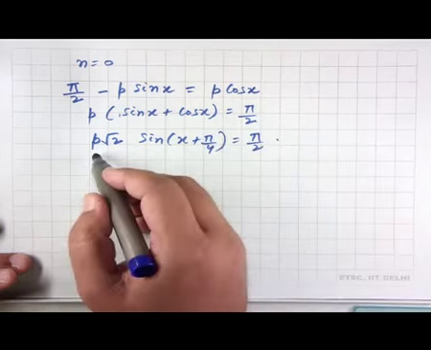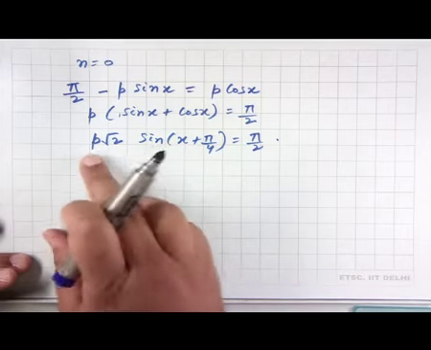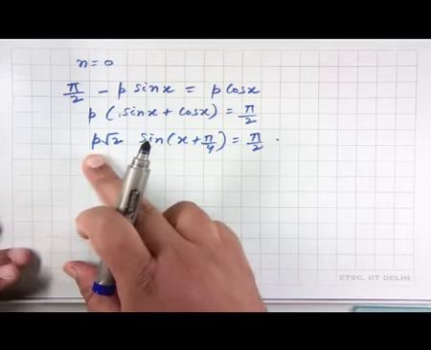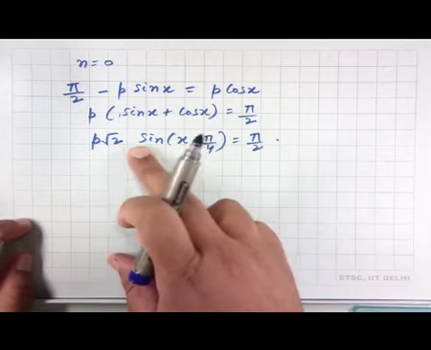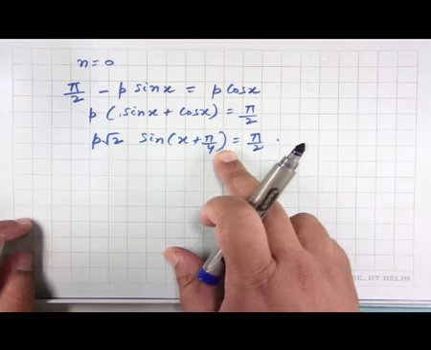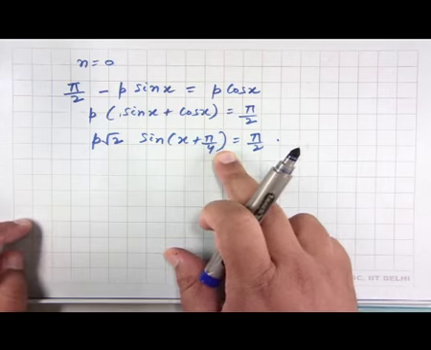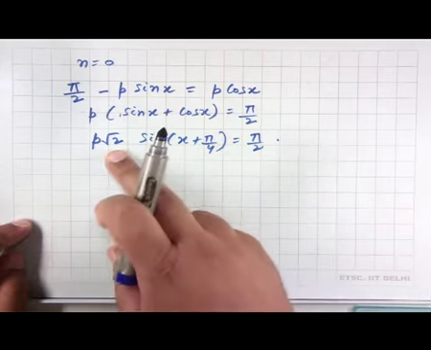Now, in the question, it is asked to find the smallest positive number p. But for p to be positive, we have to choose x such that sin of x plus pi by 4 is also positive, because pi by 2 is positive and root 2 is positive.